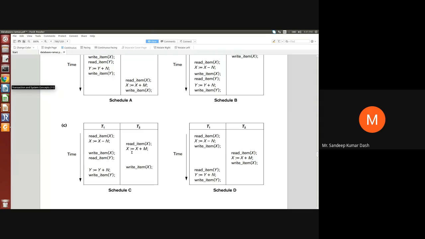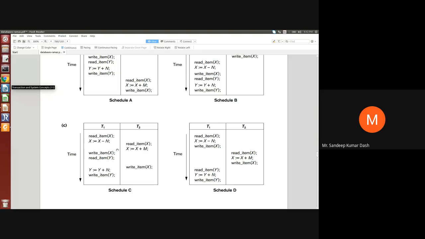Why? This is also an interleaved schedule. This is also an interleaved schedule. Then where is the problem? It is giving you something. Once a variable is read until it's written, that was the problem, sir. So this is facing the lost update problem.